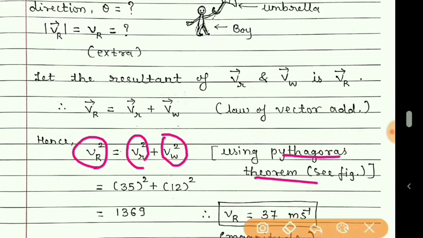Now putting the values, VR is 35 and VW is 12, and we will get this result, 1369.